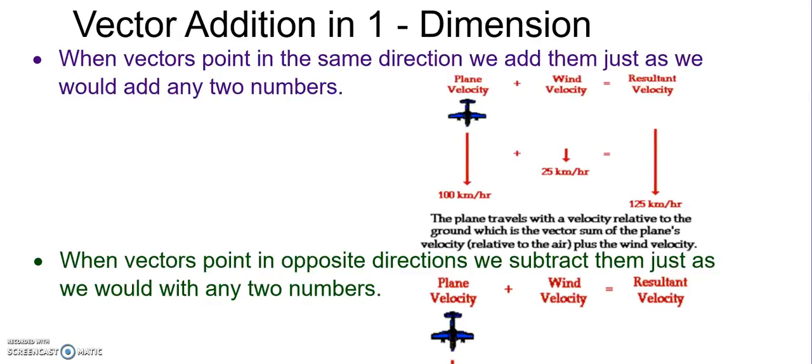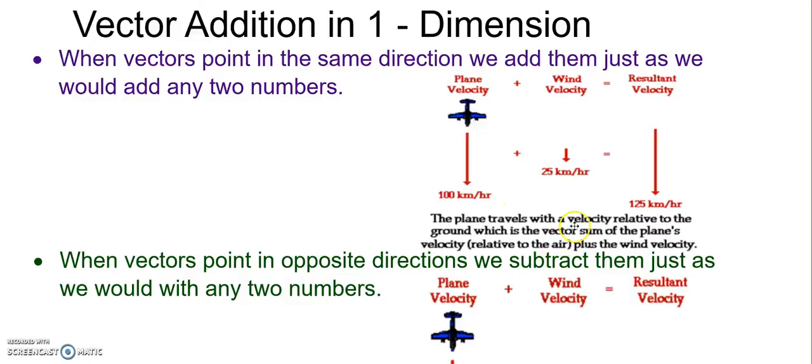So I'm going to go through this a little bit quick because this should hopefully make sense for these first couple examples. So when we have two vectors that are going in the exact same direction in an application problem, or even not, but in this case, so if I have a plane that is flying at 100 kilometers an hour. And remember, here we have the plane is traveling with a velocity relative to the ground, which is the vector sum of the plane's velocity relative to the air plus the wind velocity.